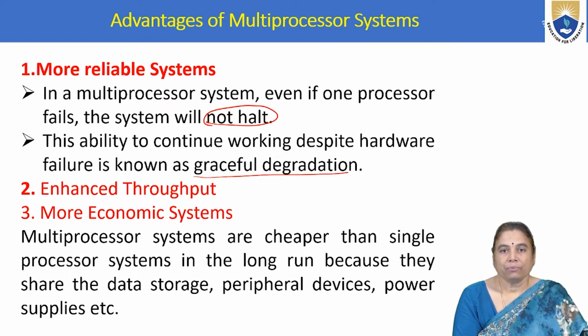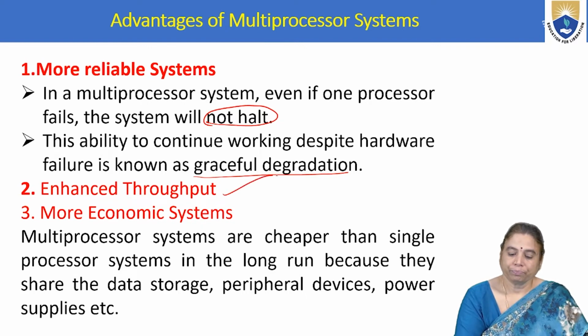So with this fault tolerant environment for the application, multiprocessor systems are more reliable systems. The next advantage is enhanced throughput. Just now we discussed that the amount of work that can be done in a unit of time is increased with the parallel processor or multiprocessor system, thereby increasing the throughput of the system.